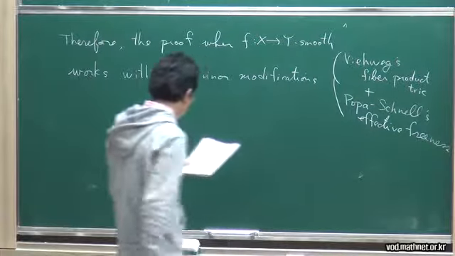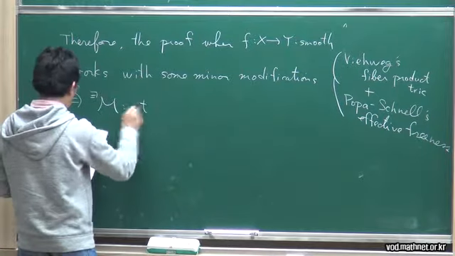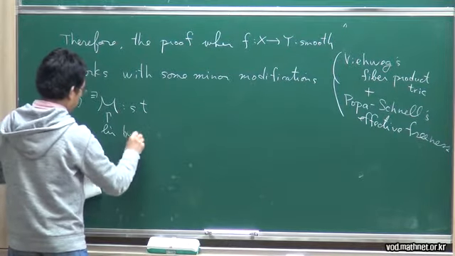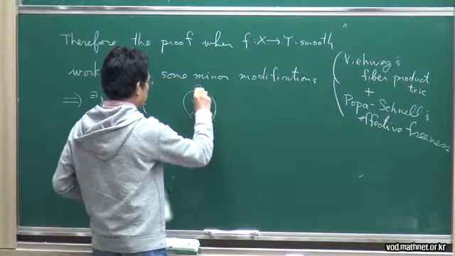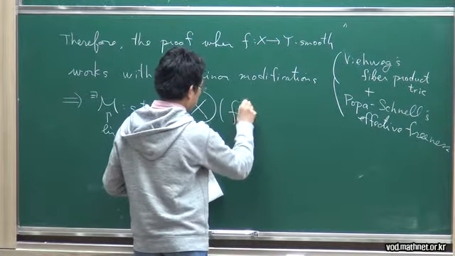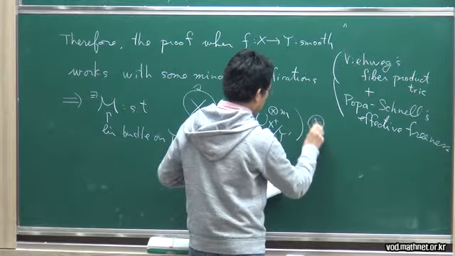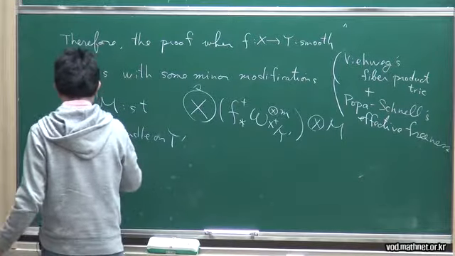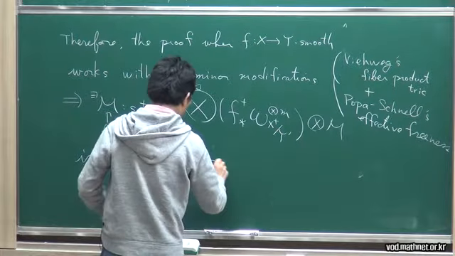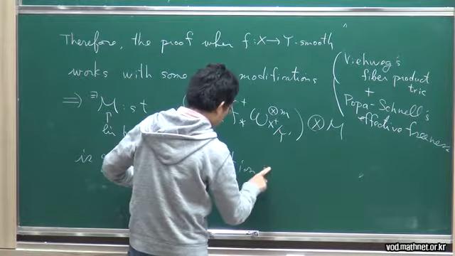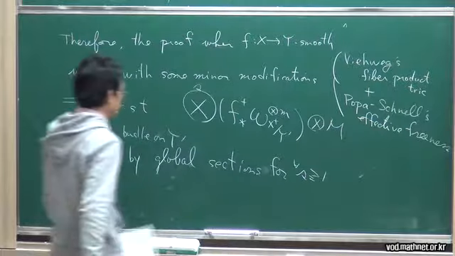Okay. Then there exists a line bundle M such that this is a line bundle on Y prime such that S tensor product of this one, omega X dagger Y prime, tensor M is generated by global sections for any S. Okay?